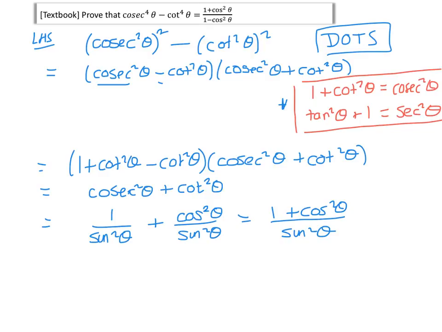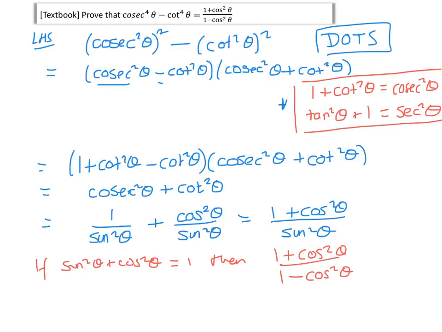And if I know that sine squared theta plus cos squared theta equals 1, then this will become 1 minus cos squared theta. Proved. So I've now proved, I'm going to use green this time, that the left-hand side equals the right-hand side.